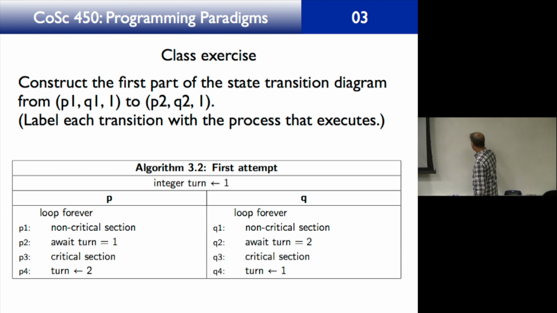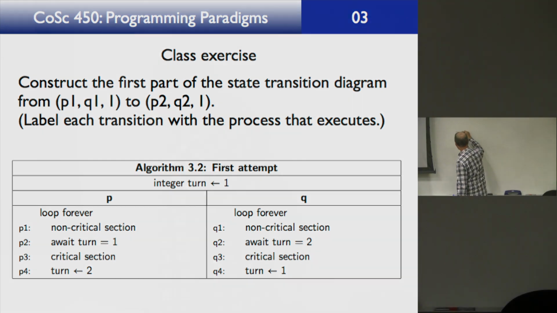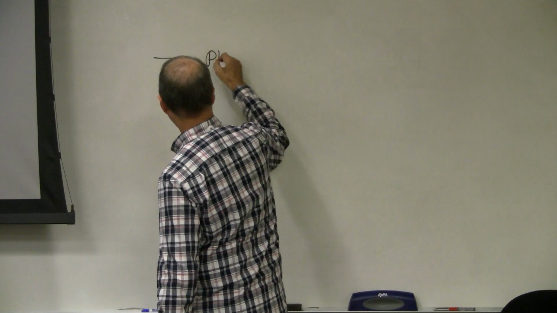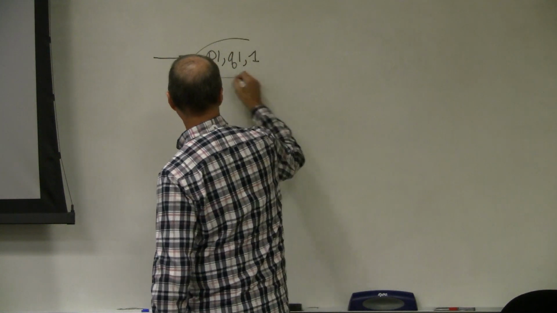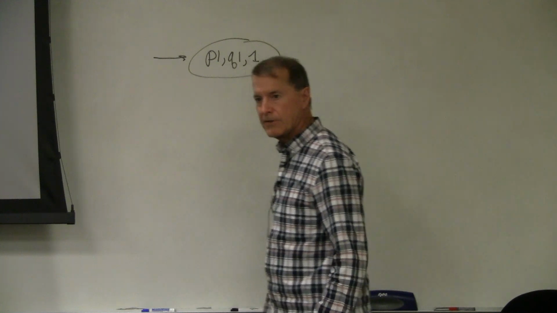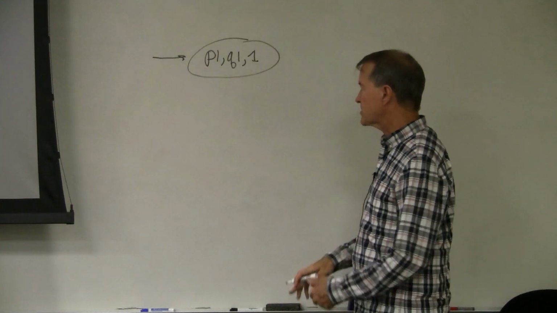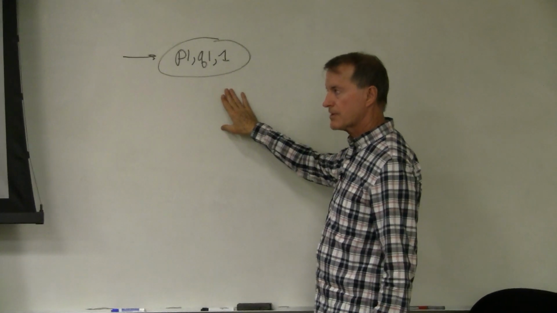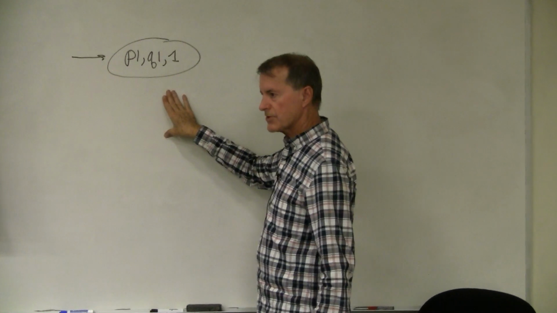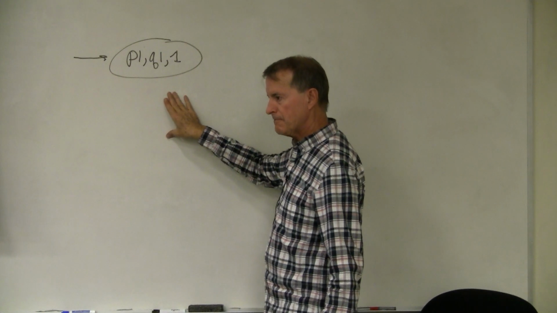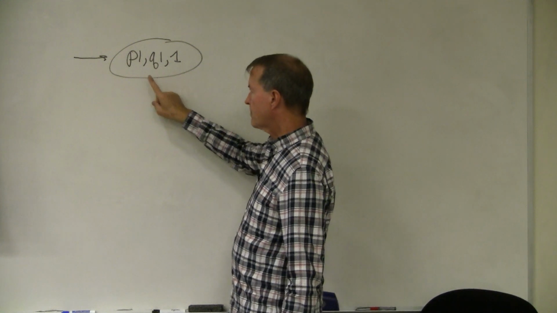So we're going to start here with P1, Q1, 1. All right, is everybody with me? Does everybody see what we're talking about here? Here's the code on the slide, and here's the state transition diagram. Are you with me?